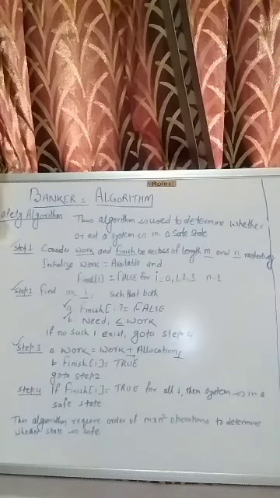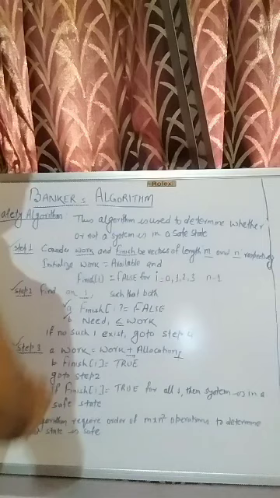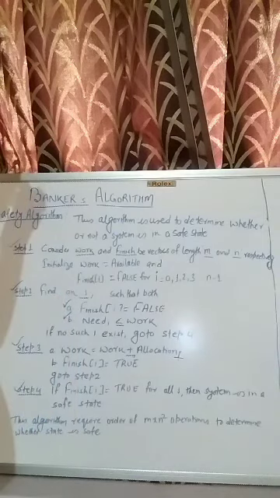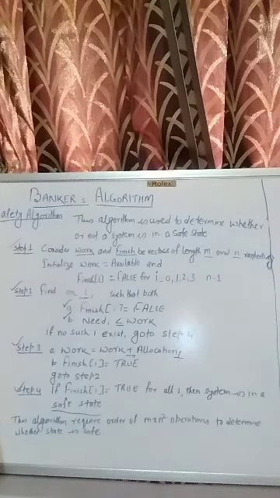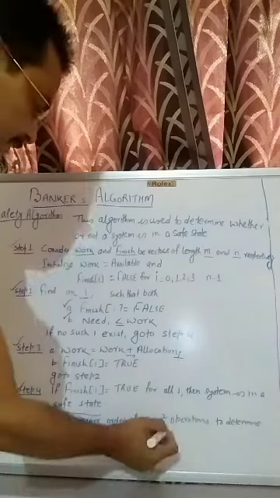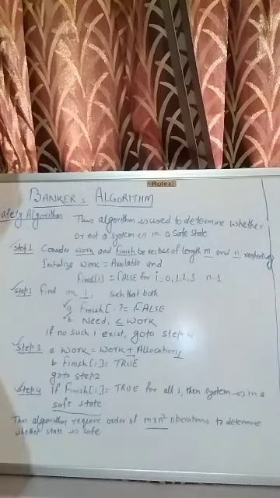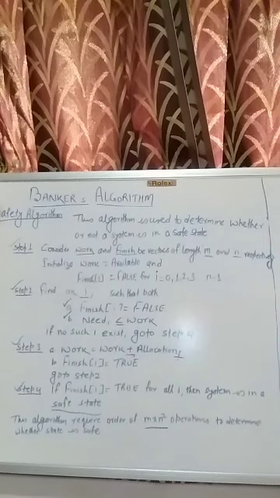So step 4 is the final step, in which if finish of I equals true for all I, then the system is in a safe state. This algorithm requires order of m times n squared operations to determine whether the system is safe or not.